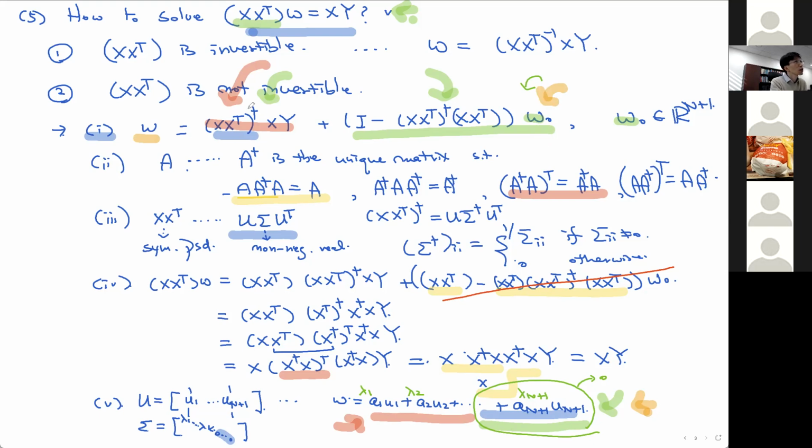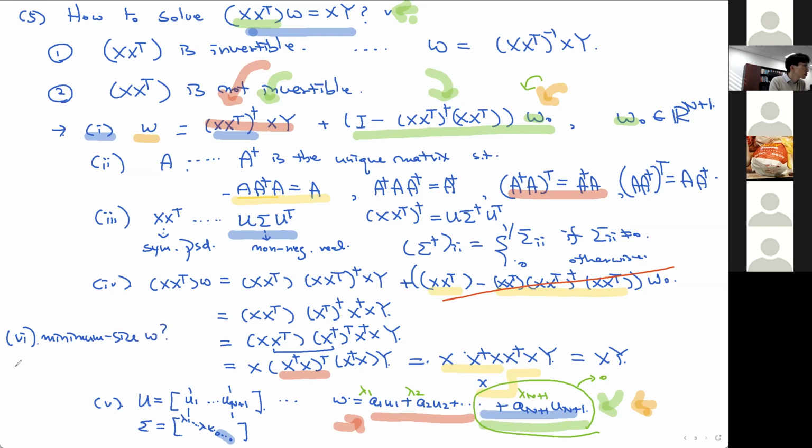So the solution with minimum size W, what is it?